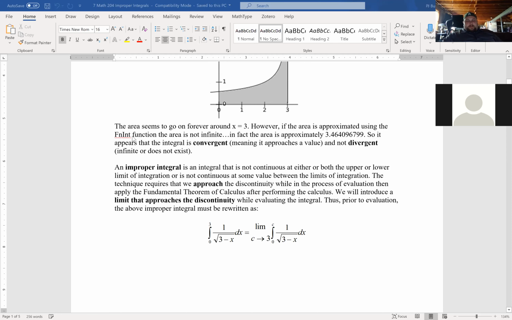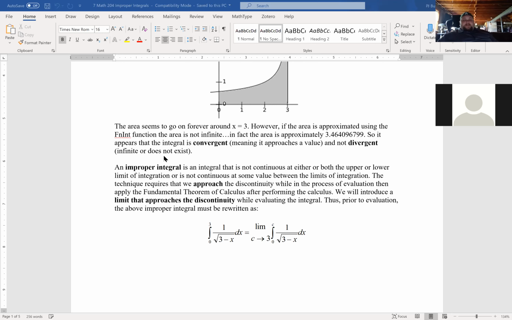And then up here, notice it says that if you actually approximate this integral using fnInt, it tells us that we get back a number, right? 3.46 something. So it looks like it's convergent, which means it gives us back a number, and it's not divergent, which means that it heads off to infinity or does not exist.